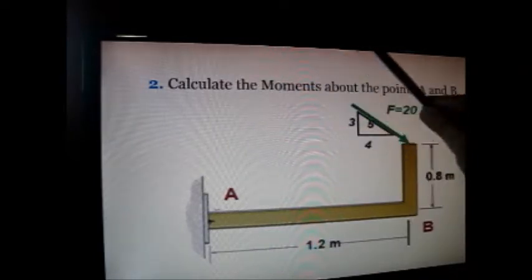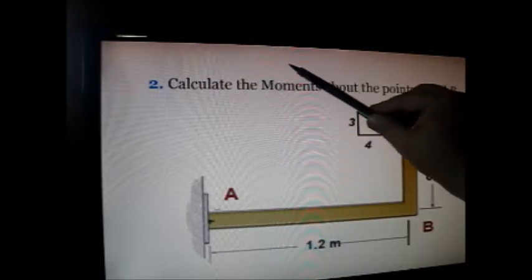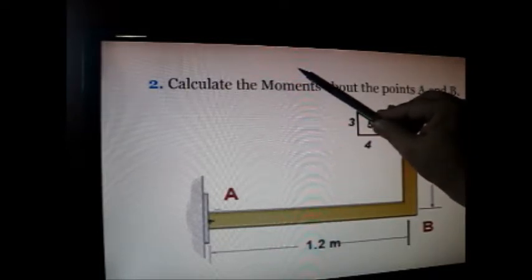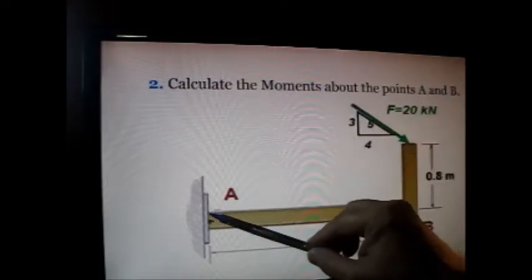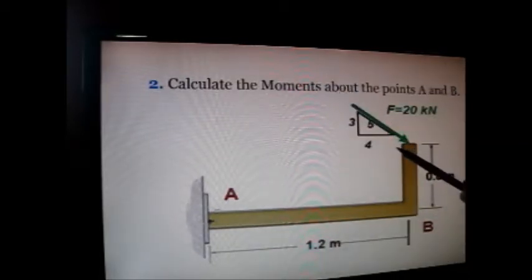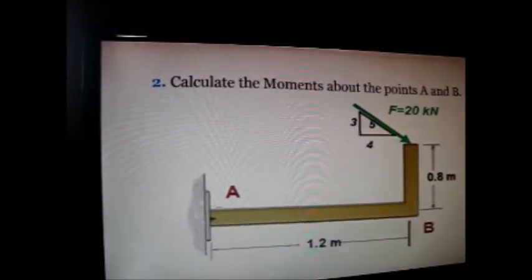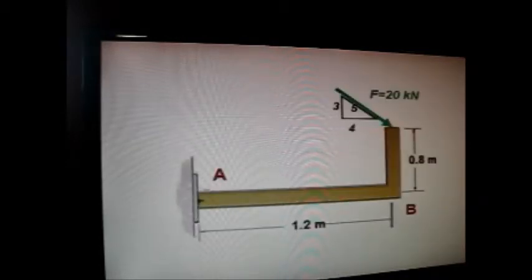We want to find the moment about point B and A. The moment about point A, what is the distance? Distance is perpendicular from the point A to here. Imagine how complicated it is. Even from point B, the distance is going to be somewhere here. So it's not easy, but in this case, as we have seen, we divide the force in two components.